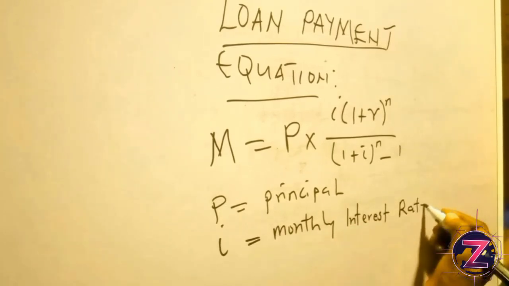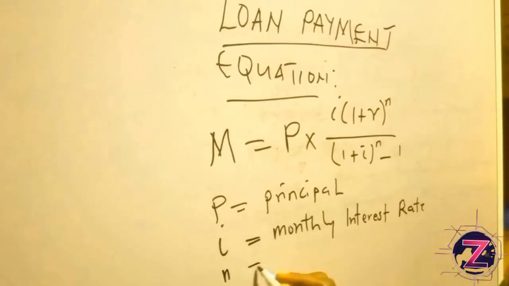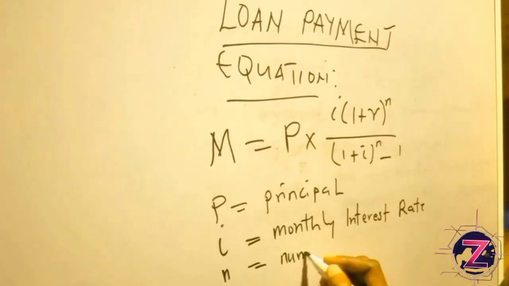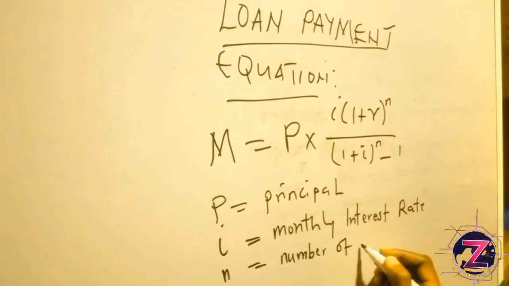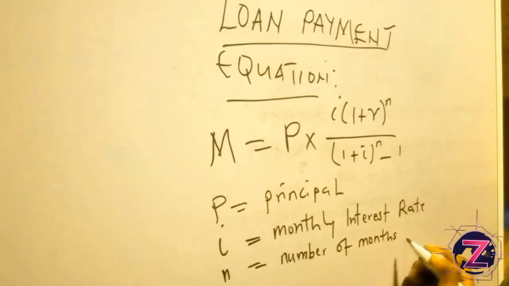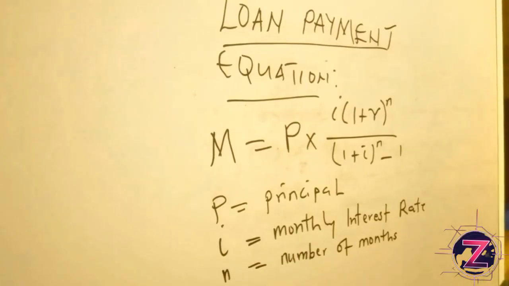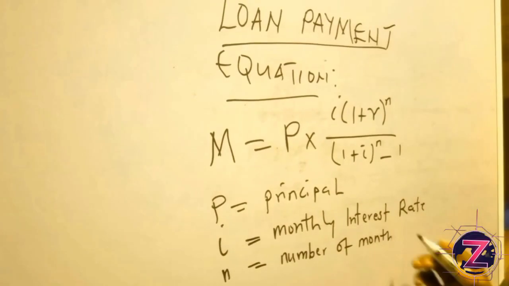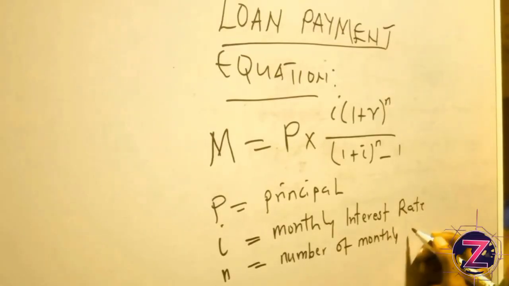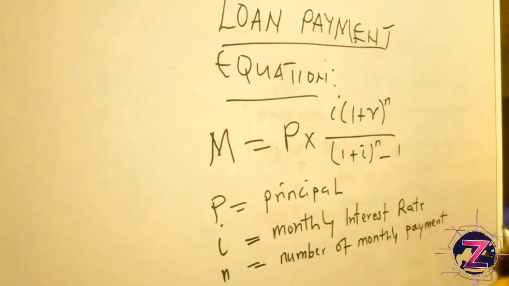P here is equal to the principal amount. I is equal to the monthly interest rate. N is equal to the number of monthly payments.